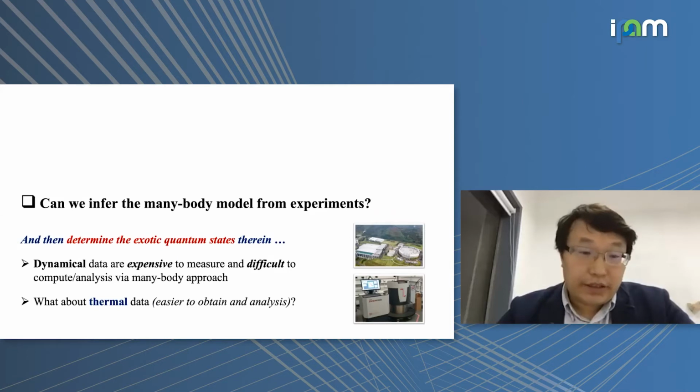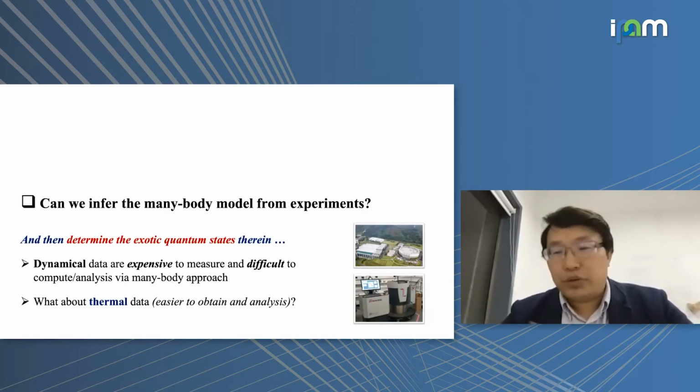One is the dynamical measurements, like inelastic neutron scattering, μSR, NMR, etc. For example, to obtain INS data, typically you need to perform measurements at big facilities, right? And you need to apply for beam time. So that means it usually takes a long time. And moreover, the dynamic data are actually difficult to compute, also from the many-body calculation perspective.